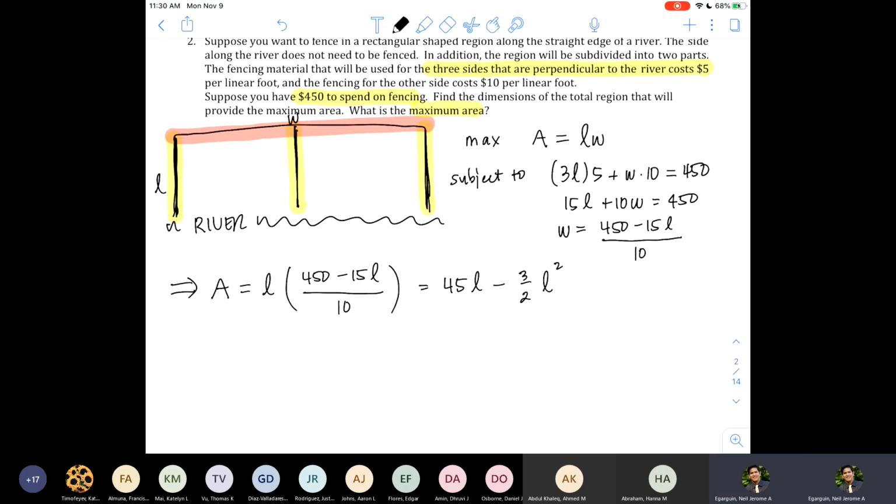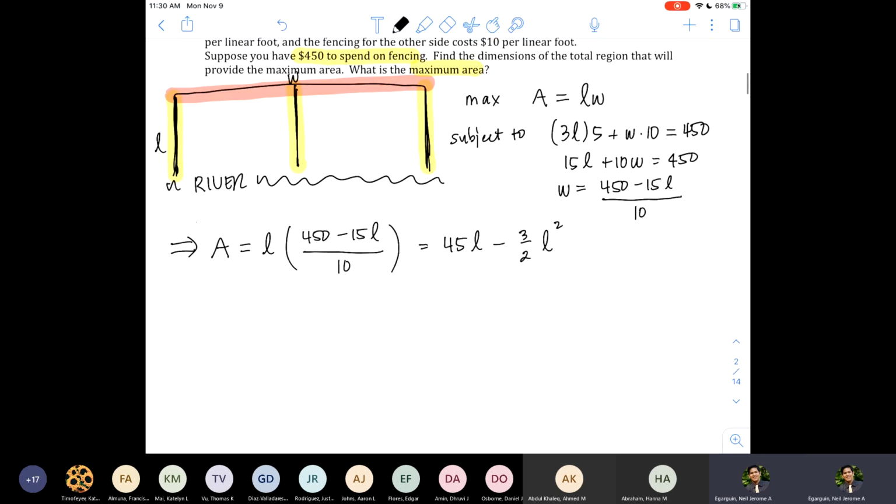Is my simplification correct? So that's 450 divided by 10, so that's 45 times L. Then 15 over 10 is going to be 3 over 2 L times L, so L squared. All right.